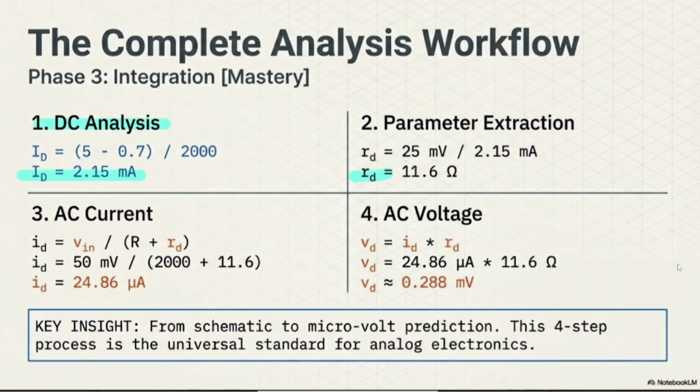For the AC current, we can find Vn, obviously the AC voltage, divided by R plus RD. What is R? It's just a normal resistance that we have, and RD is the resistance that we found. And finally, your ID is going to be this one. So what is the AC voltage? The AC voltage is the multiplication of ID, the AC current, times the RD itself. So you have it as this one, and if you want, you can convert it to the normal format that we already know.